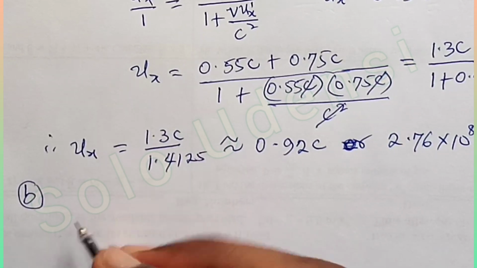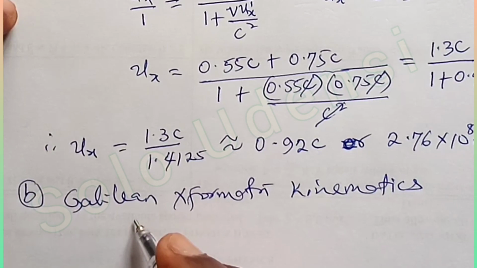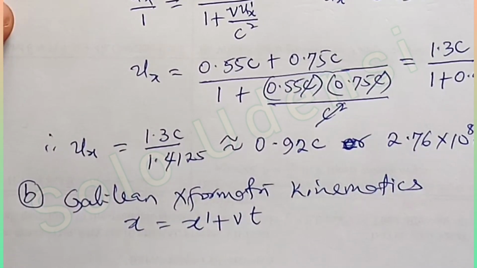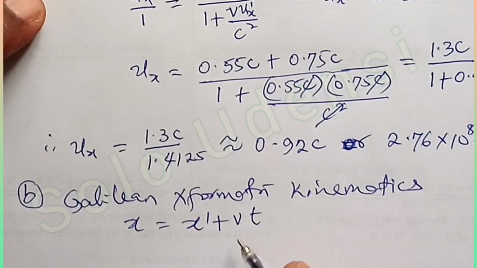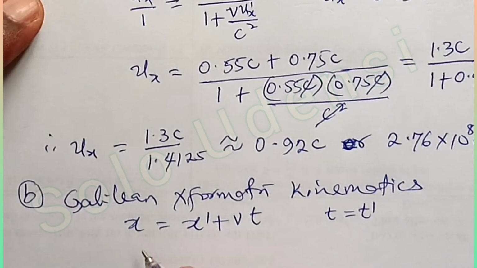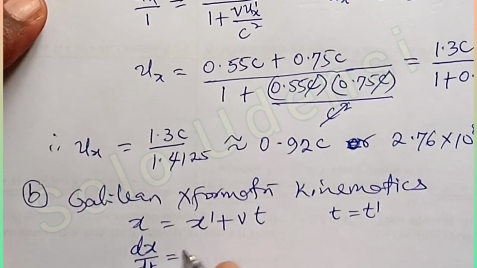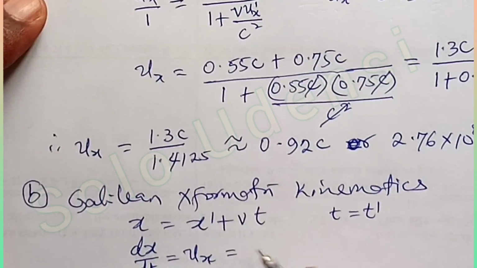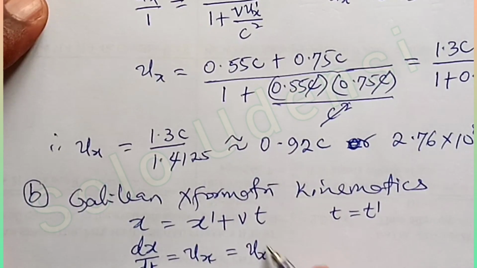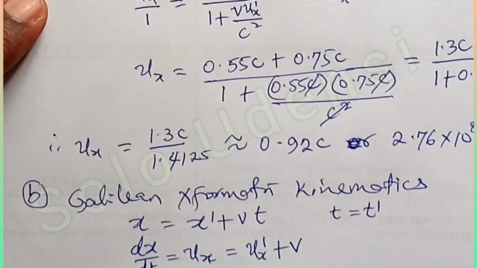The observer on the ground in Galilean kinematics will see x is equal to x prime plus vt, the inverse Galilean transformation. Since t is equal to t prime, dx over dt is equal to ux, and it's equal to ux prime plus v, because dt over dt is 1.